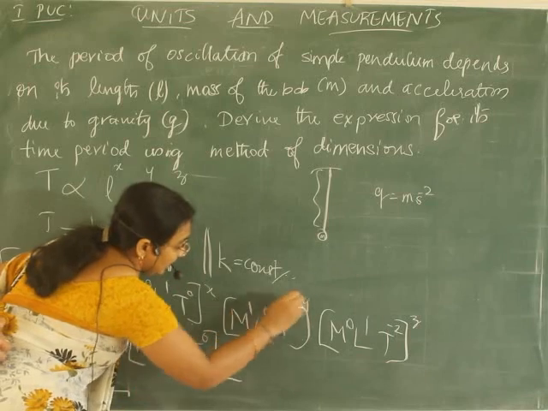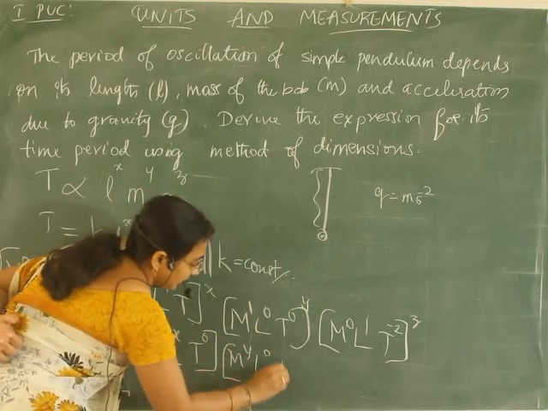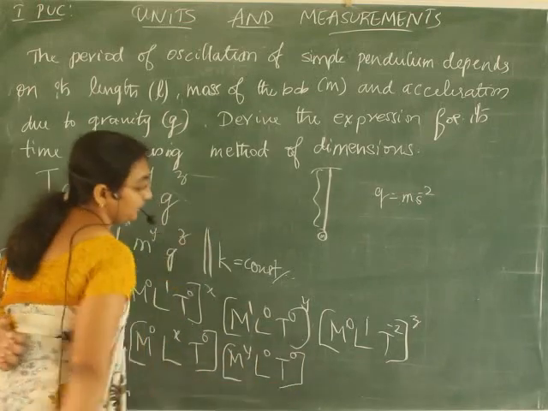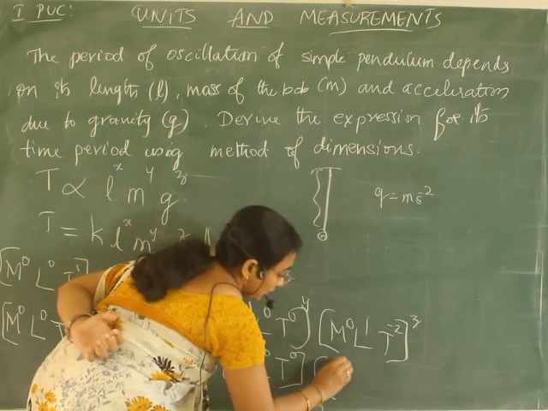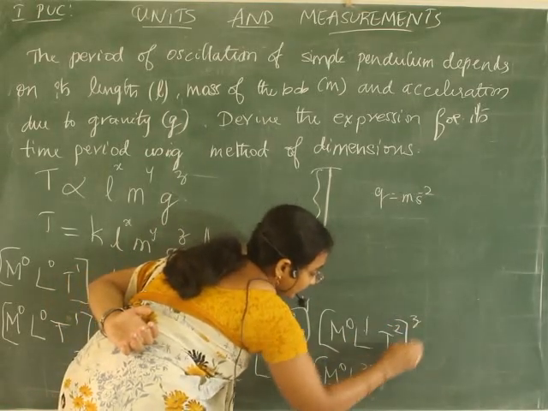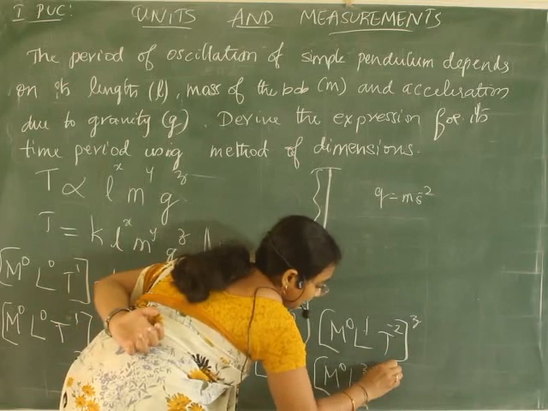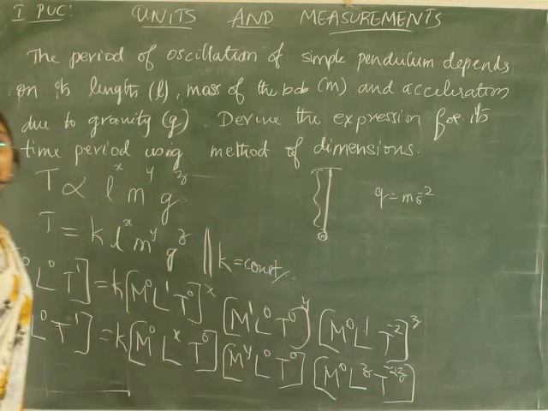M to the power 1 into y, y. L to the power 0, T to the power 0. M to the power 0 into z, 0. L to the power 1 into z, z. T to the power minus 2 into z, minus 2z. Am I right?